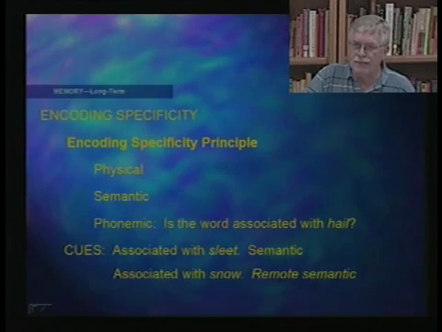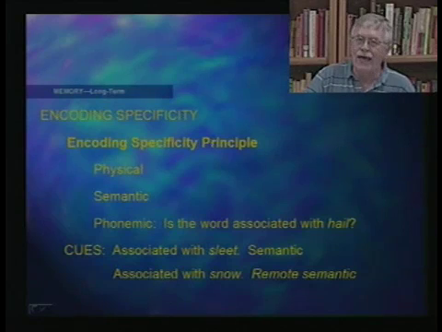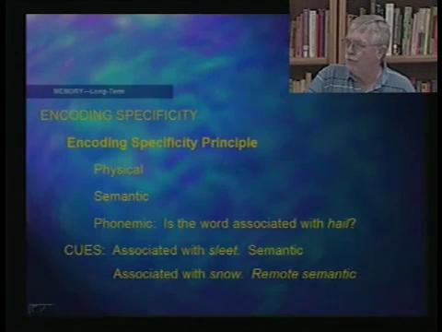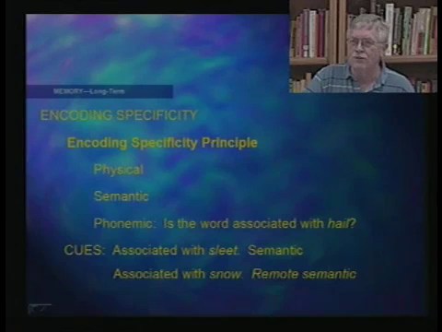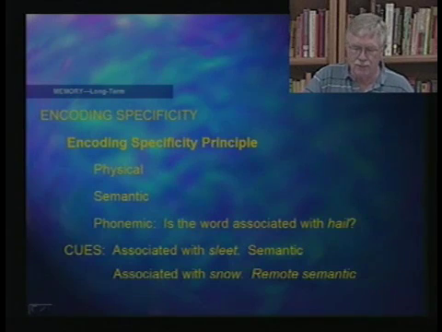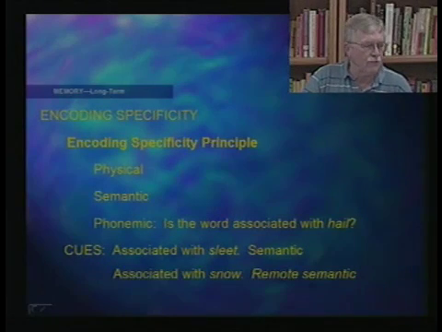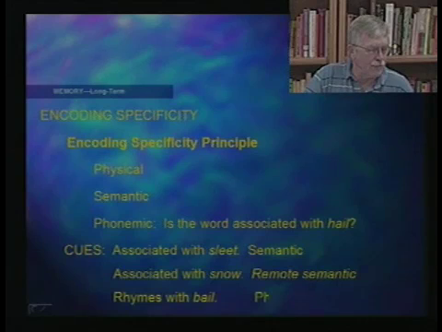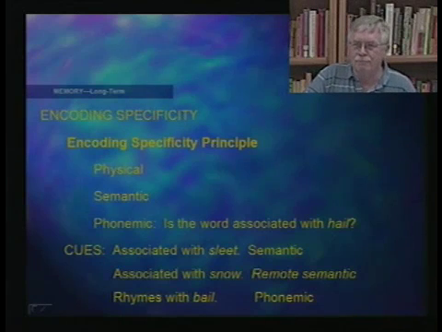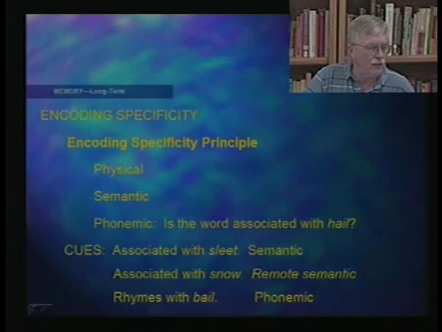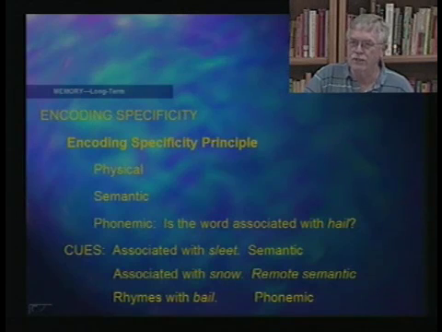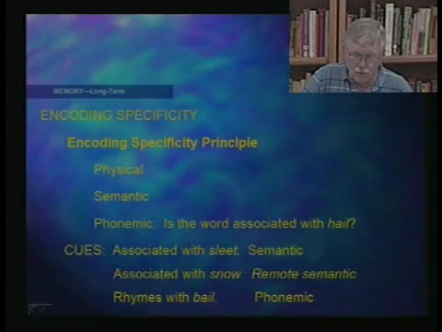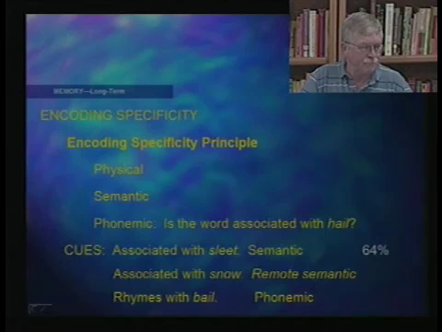There is a remote linkage there between snow and sleet and hail, but the link to either of those other two from snow is much less direct than the link directly between sleet and hail. And finally, rhymes with bale gives us a phonemic cue to the word sleet that we're actually looking for here.